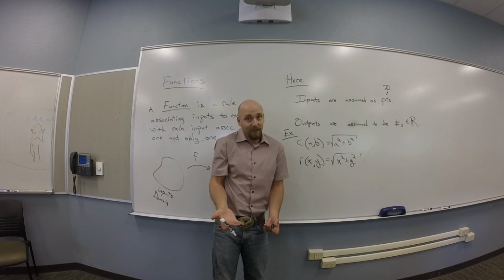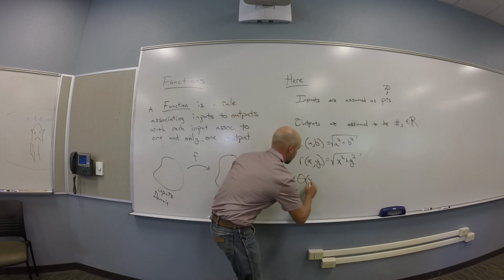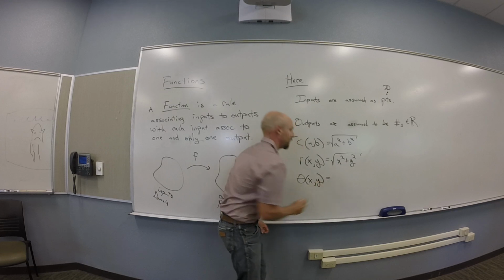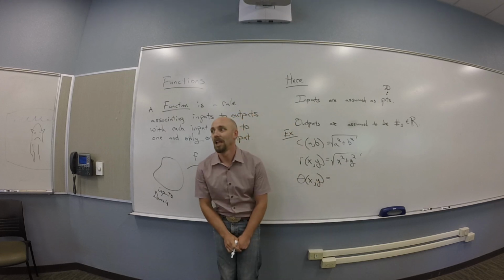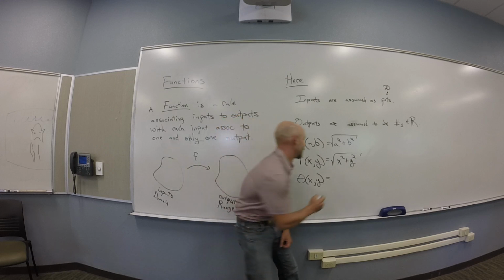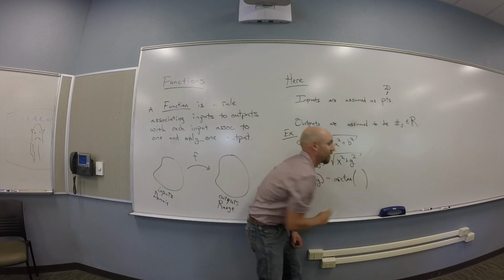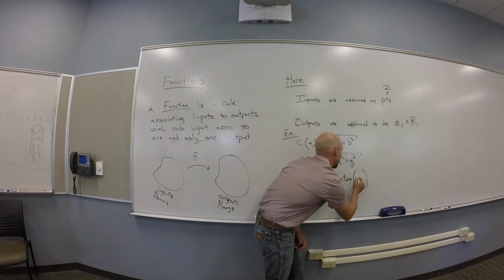You should also know theta of X and Y. How do you get the angle out of a point XY? Inverse tangent. Good. So this is arctangent of y over x.